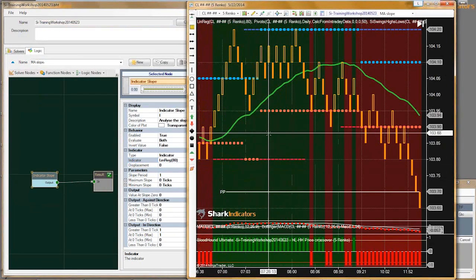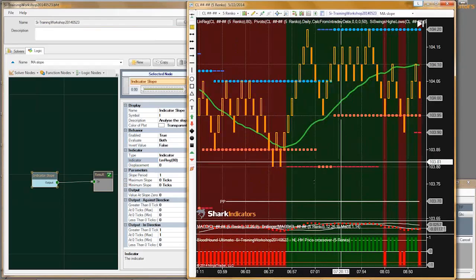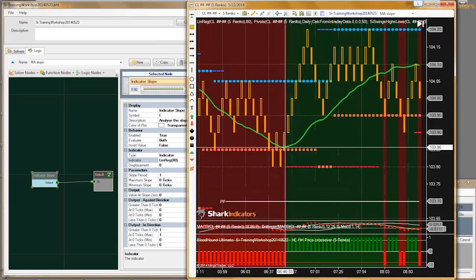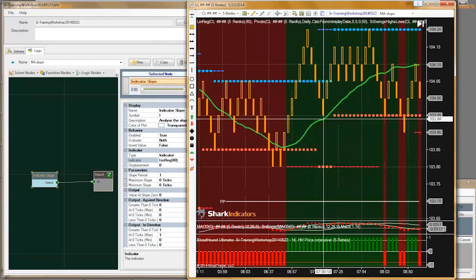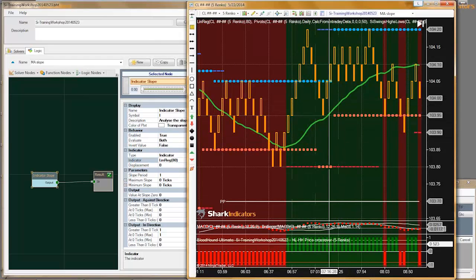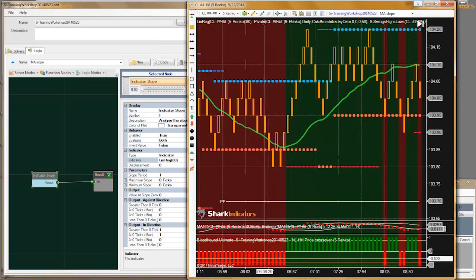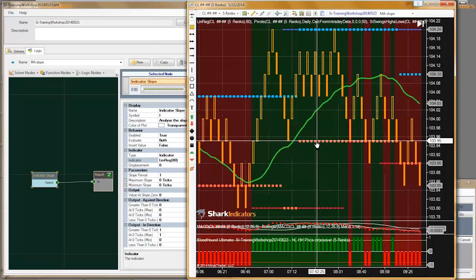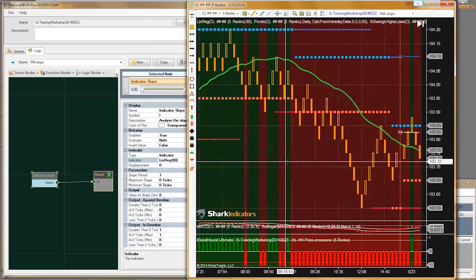If we look at the chart, we can see the solver is detecting when the slope is rising, and we get a long signal when the slope is rising, and when the slope is falling, we're getting a short output from that solver. So pretty straightforward there.